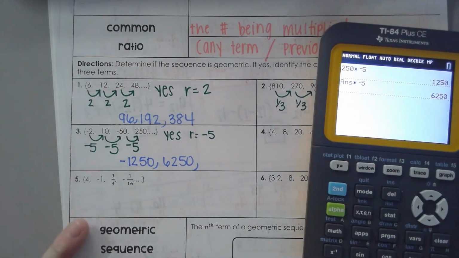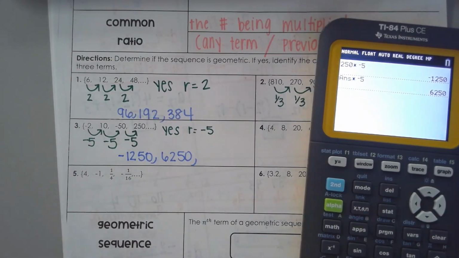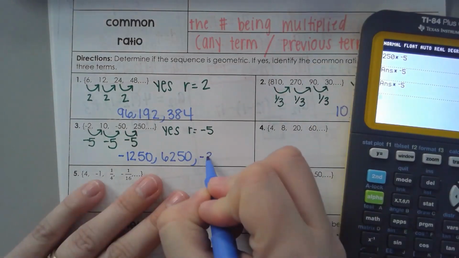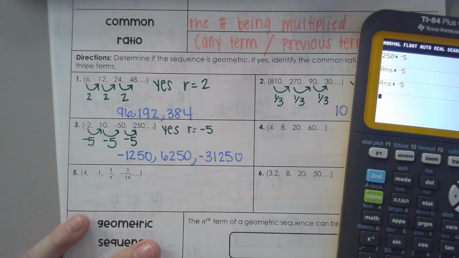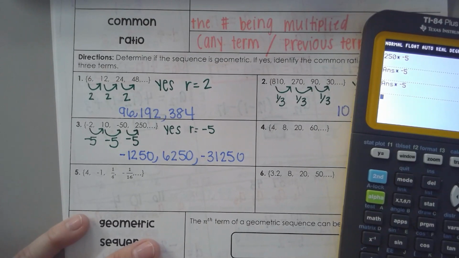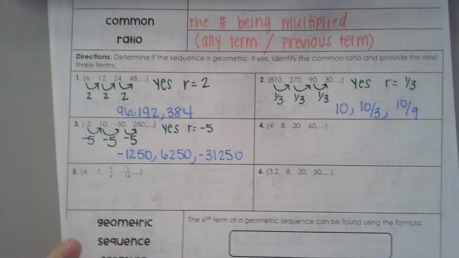When your R is a negative number, your numbers are going to go negative, positive, negative, positive, negative, positive. Yep. You are going to get some big numbers or some weird numbers with the geometric sequences. That's normal. So don't just freak out and think your answer's wrong.